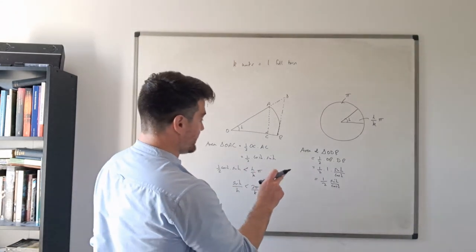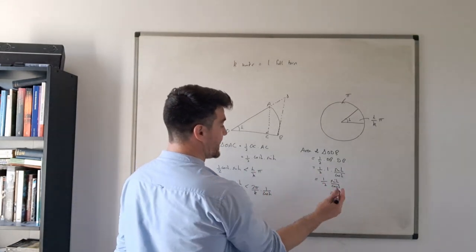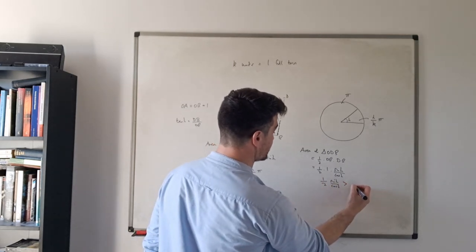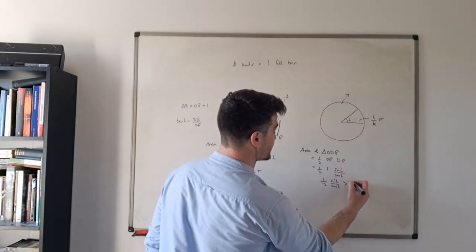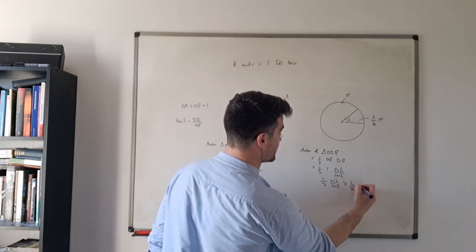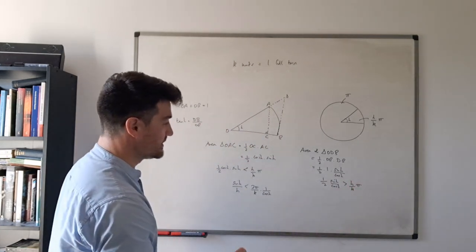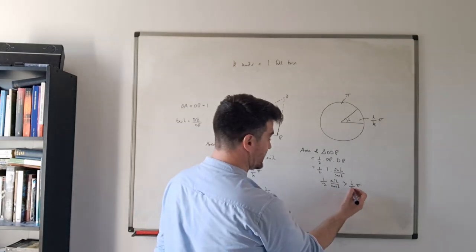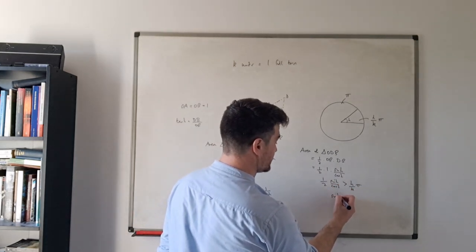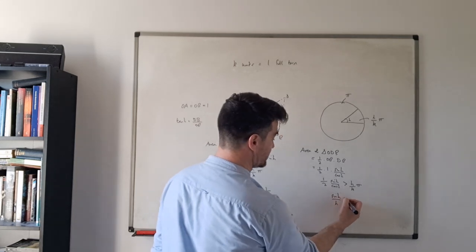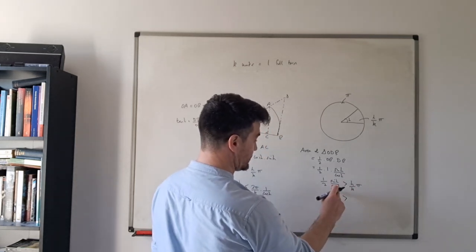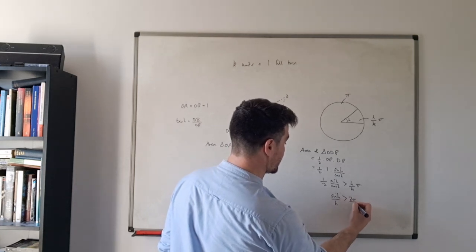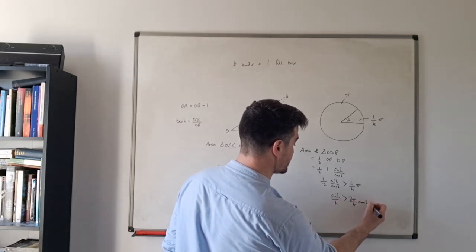And therefore, this area here is going to be greater than this area of the sector, h over k times pi. So again, I'm going to rearrange things a little bit here. So what do I get? Sine h over h is going to be greater than 2 pi over k times cos h.